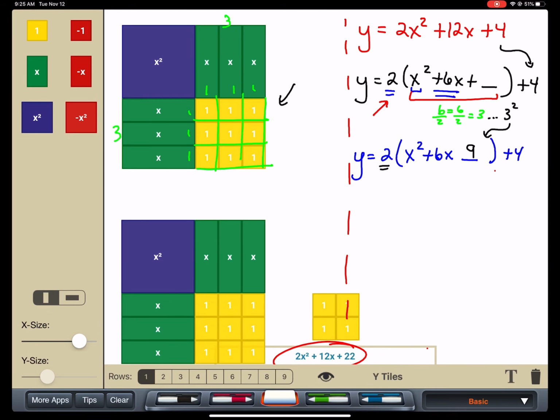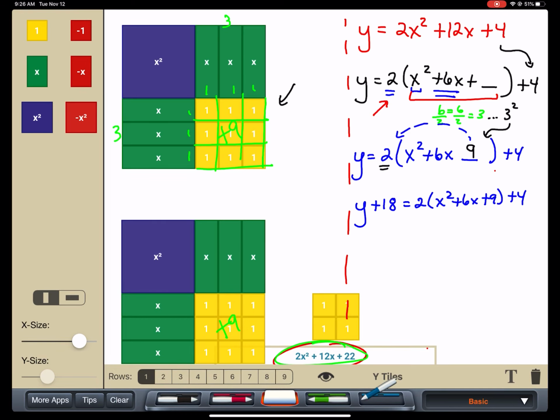But now I have to maintain equality. I've just added plus 9 here and plus 9 here. So if I look down here at my original, this is no longer the original polynomial. If I just simply add 18, it's no longer the same as it was before. That's why in our algebra work, we usually add 9 times 2 is 18. We've added 18 to the left-hand side to help balance out the 18 that we've added to the right-hand side.